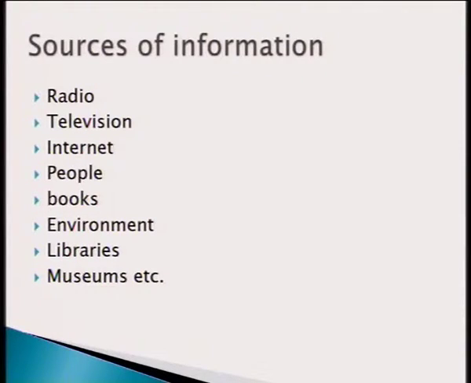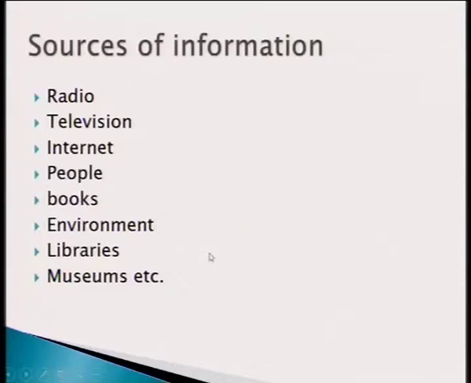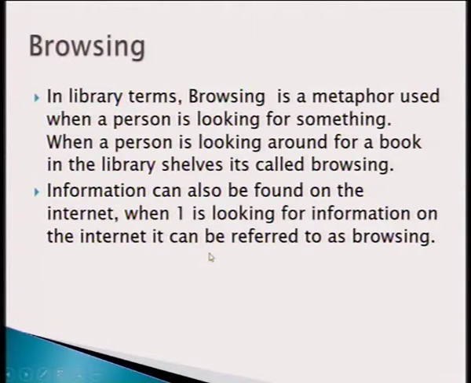So as a student, you should be able to know which information is real and which is based on other factors. We get information from radios, televisions, and the internet. We get information from people and books. The environment can also be a source of information, as can libraries and museums, and so on.